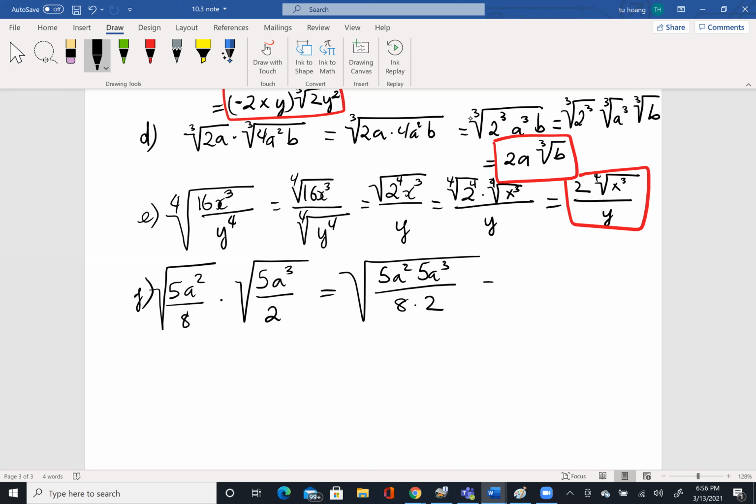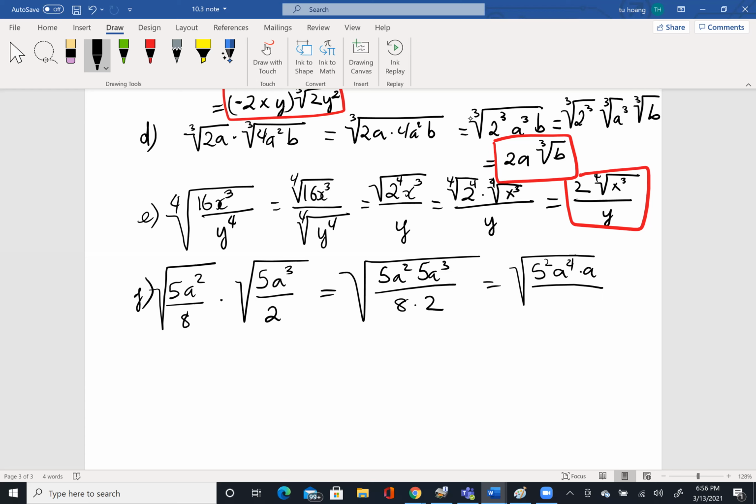So you will have 5 squared, right? a to the power 4 times a. I would like to write it as the largest square factor of a.